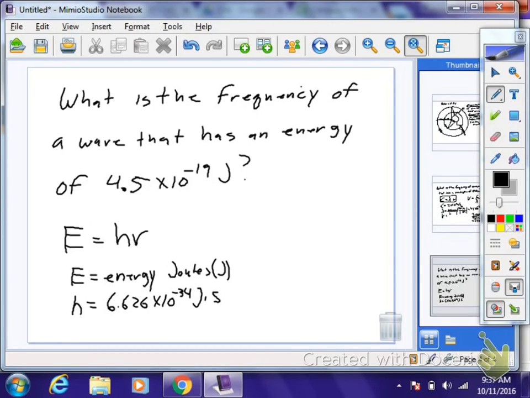So, to solve for frequency, what would it look like? So, I'm solving for nu. So, nu, frequency, equals what? E divided by h. Okay? Very good. Go ahead and do that and see what you get.